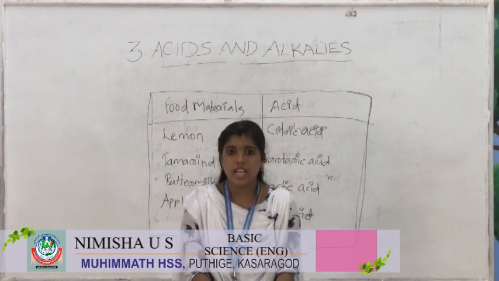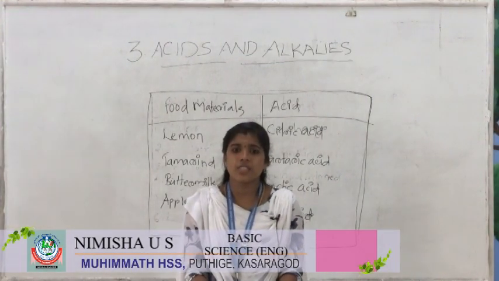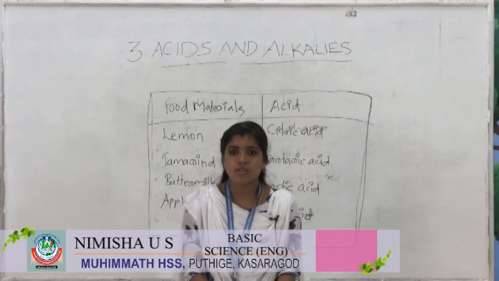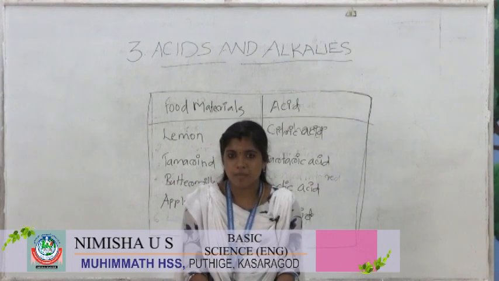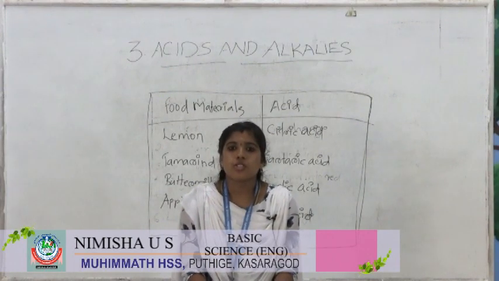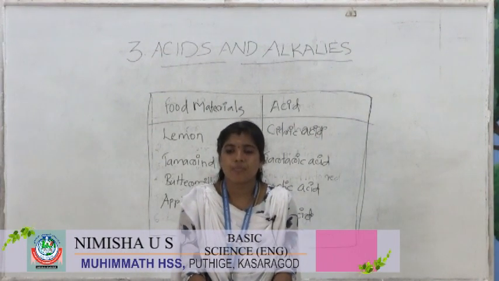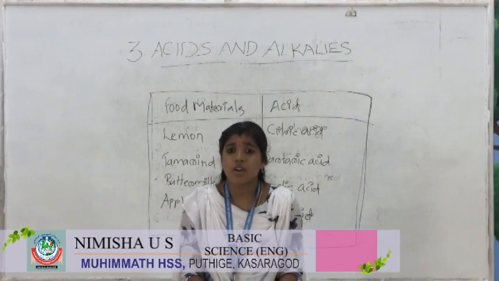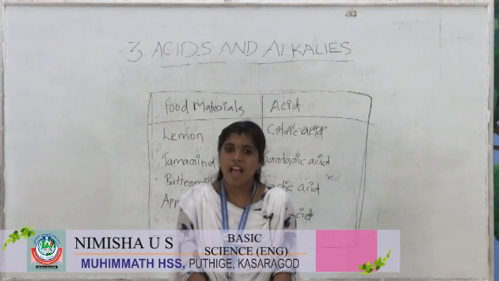So today we have studied different concepts about the acids. The acids are components present in different food materials, and these acids are also used in different experiments. The sour tasted compounds are the acids. The taste of acid is sour, and acids are of two types, the weak acids and the strong acids.